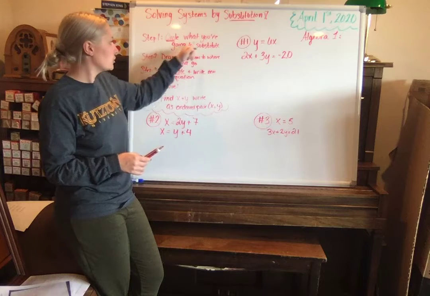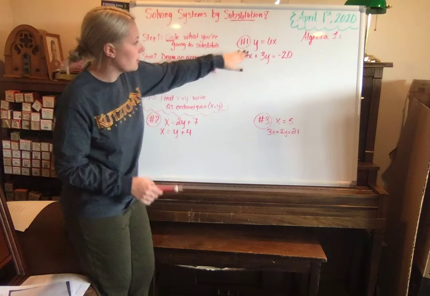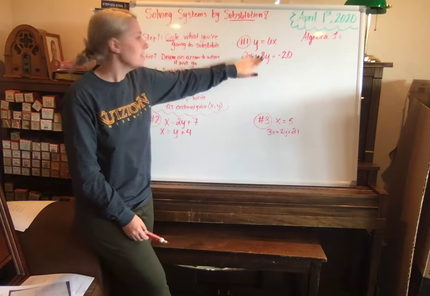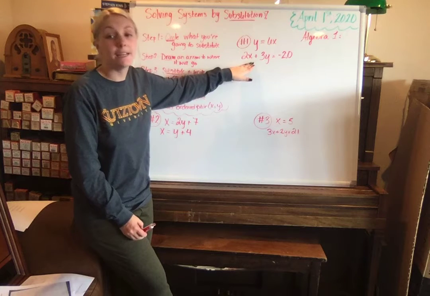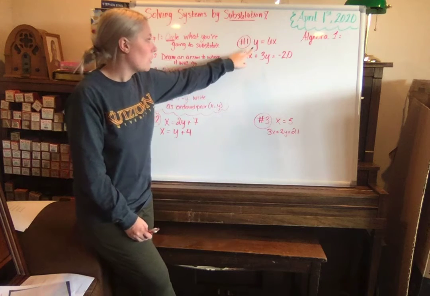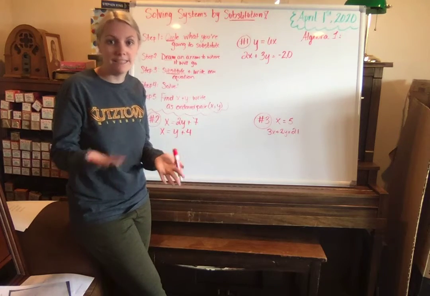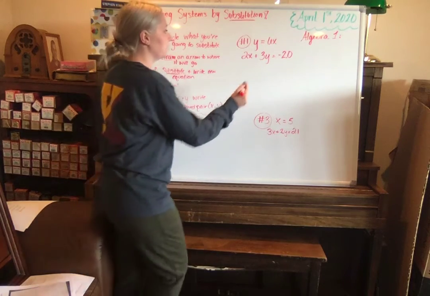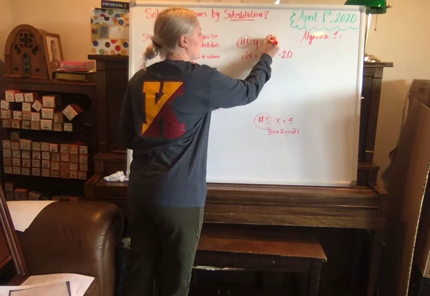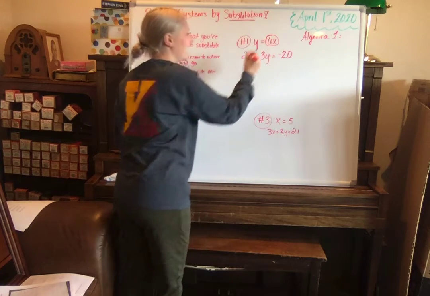So I have step 1, circle what you're going to substitute. Up here I have y equals 6x, and then I have 2x plus 3y equals negative 20. So y equals 6x is telling me that y is the same as 6x, right? They're equal to each other. So I'm going to substitute this 6x in somewhere.